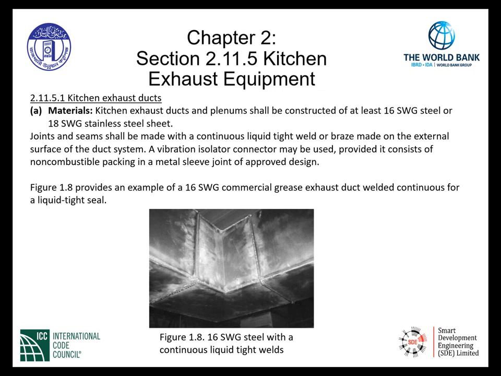Due to the fact that we have high temperatures being conveyed through these kitchen exhaust ducts, this mandates the non-combustible packing in the vibration isolator connector. Figure 1.8 provides an example of 16 gauge sheet metal commercial exhaust duct welded continuous for a liquid tight seal as indicated in the picture below.